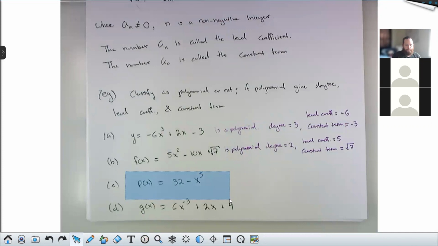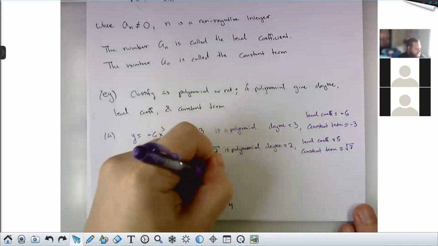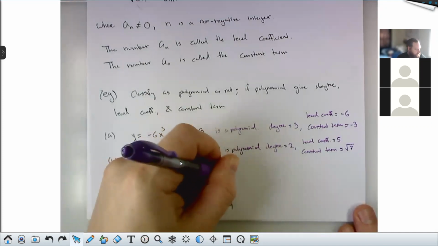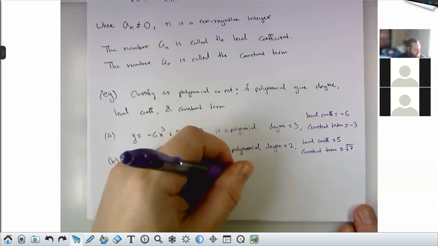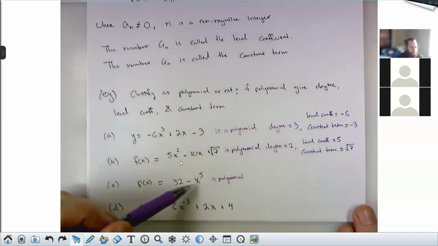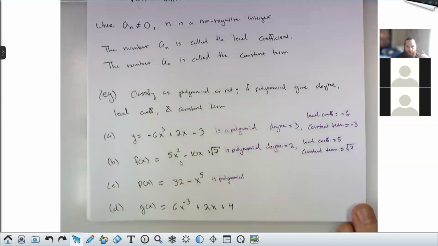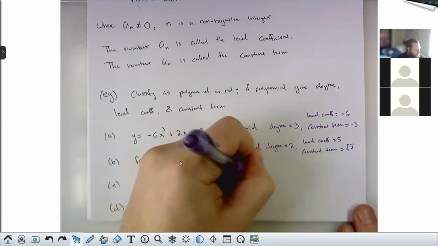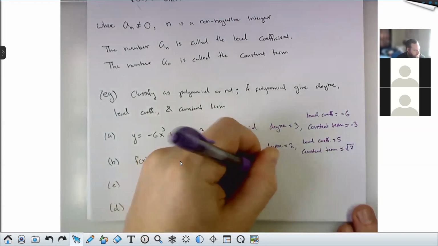This fella is a polynomial. Again, the fast way to check is just to ask, are there any powers of x here with negative or non-integer powers? Right? But the only power of x that shows up anywhere here is x to the 5. 5 is a non-negative integer. So we're good. The degree is 5.